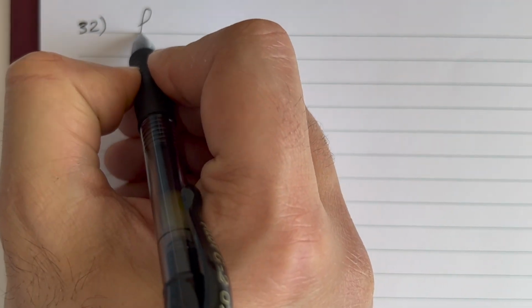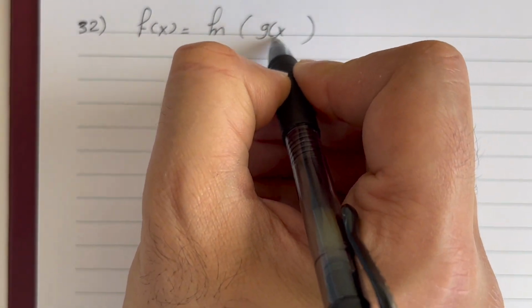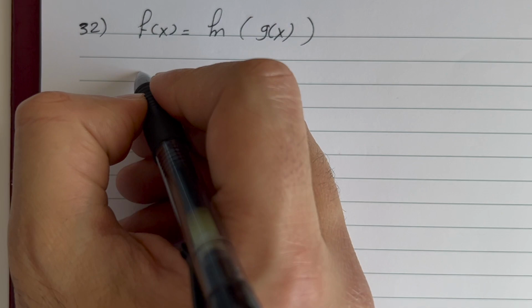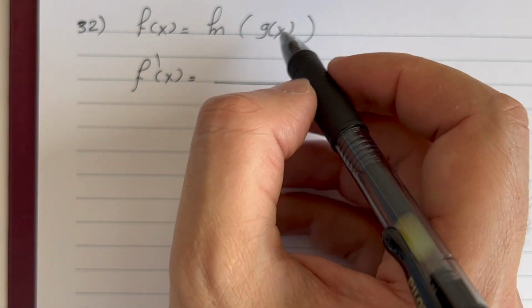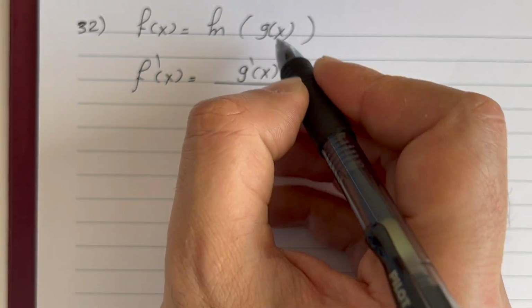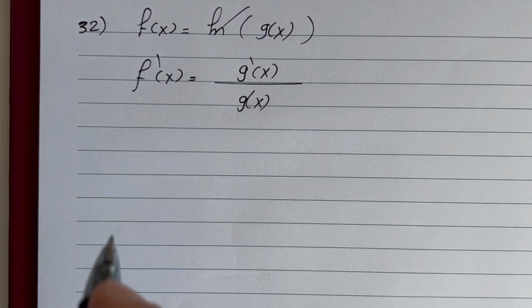Rule number 32. What if you have a logarithm of a function like g x? The derivative would be the derivative of what's inside the logarithm, g prime x, over what's inside the logarithm itself. So ln will be eliminated.